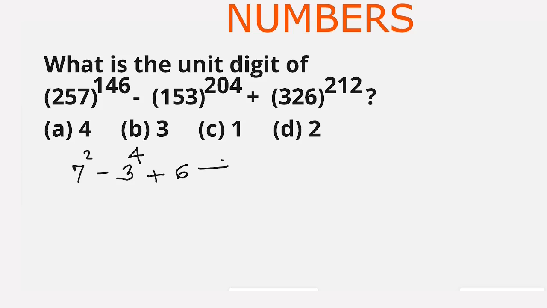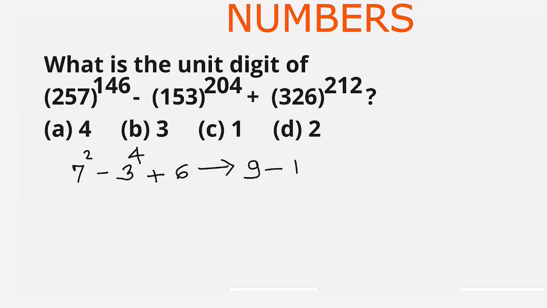This gives us 7 times 7 is 49. That is, 7 to the power 2 is 49, and we take the unit digit of 49, which is 9, minus 3 to the power 4 is 81, and the unit digit of 81 is 1.